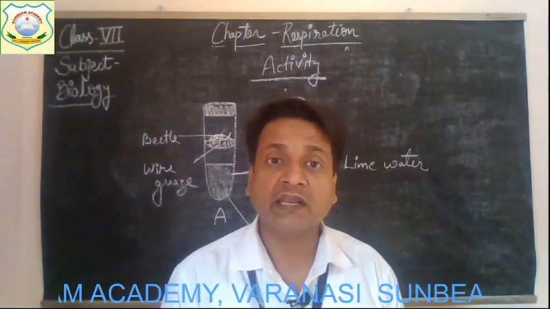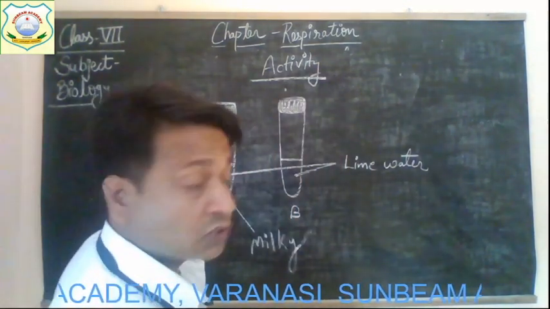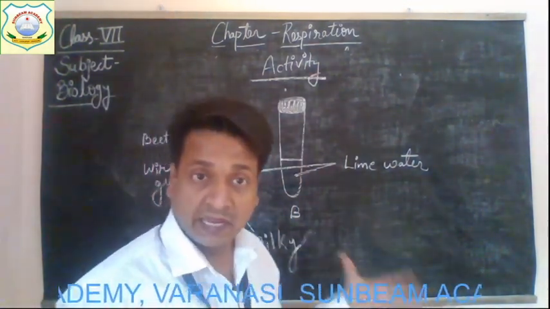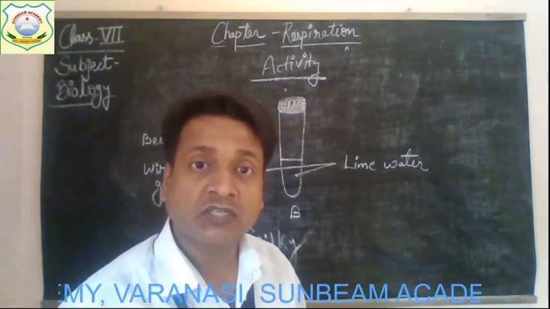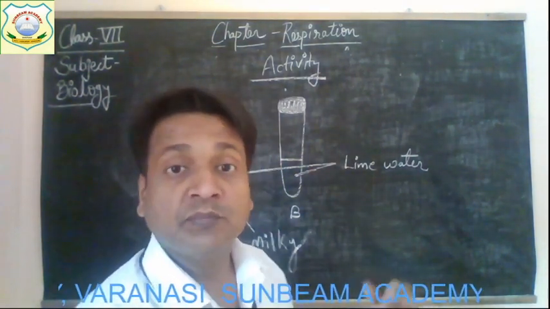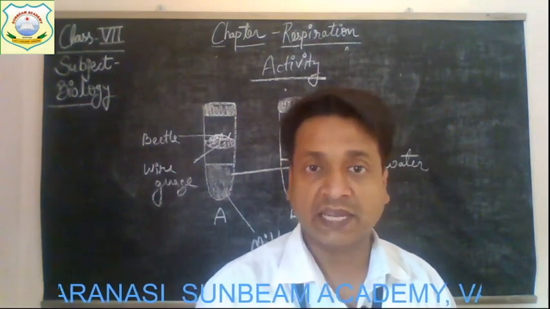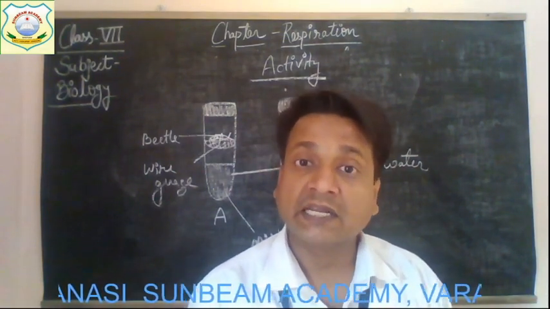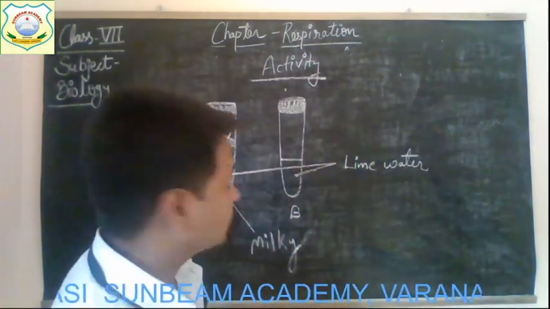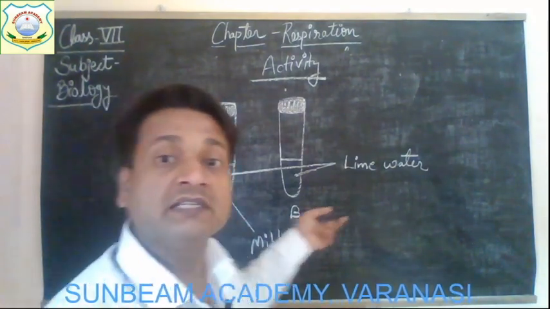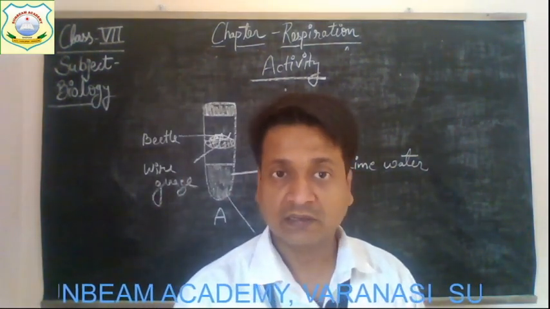As we have taken a beetle in test tube A, which is an animal, during respiration this beetle has released carbon dioxide, and that carbon dioxide, when it reacts with lime water, turns it milky. Get it?